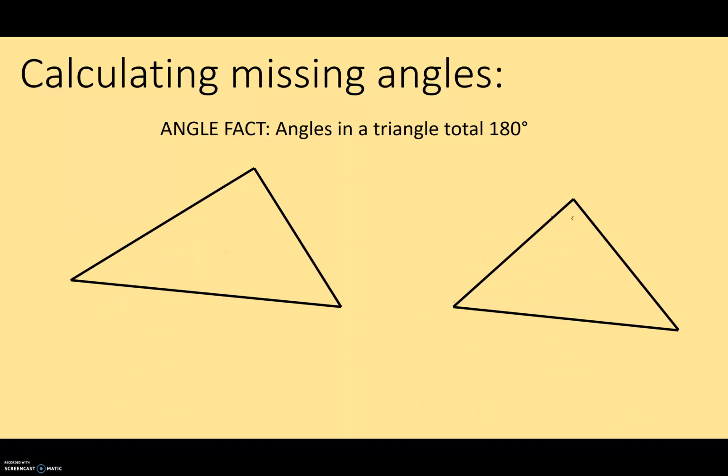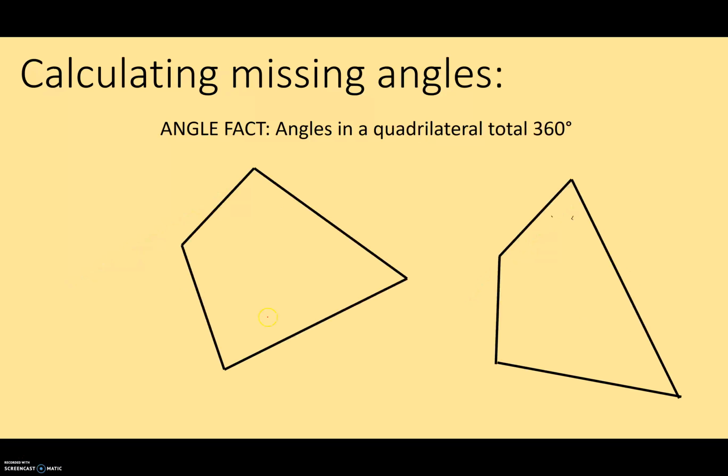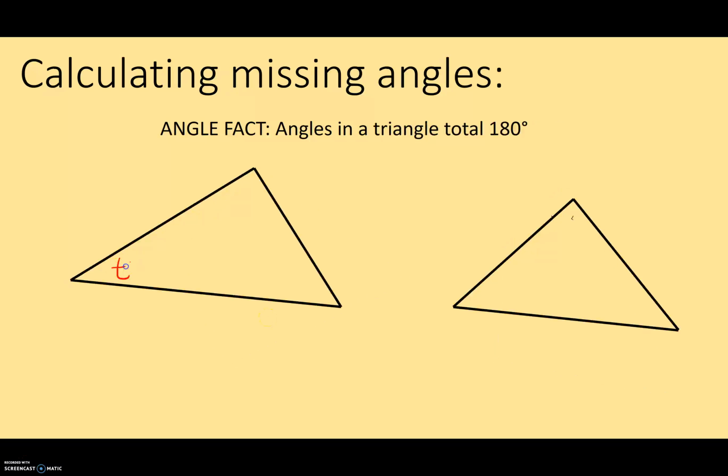The next fact about missing angles is that angles in a triangle always add up to, or total, 180 degrees. So if I want to work out this angle here, call it T, and I know that this angle here is 75 degrees, and this angle up here is 80 degrees, I can work it out by saying T must be whatever it takes to add to 80 and 75 to make 180.